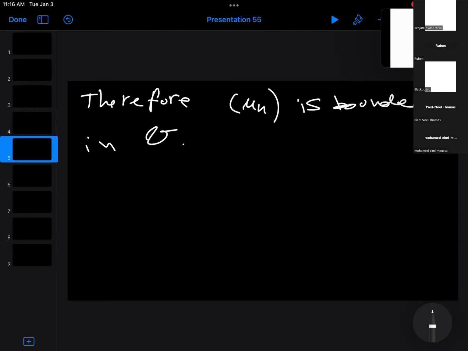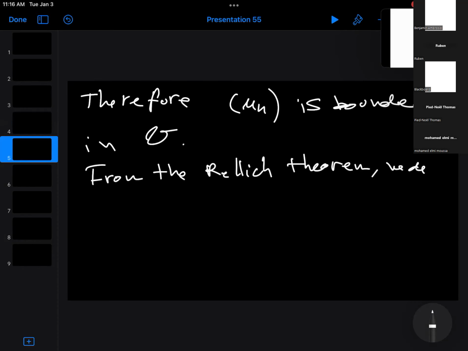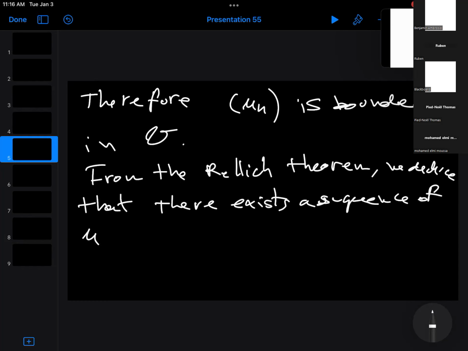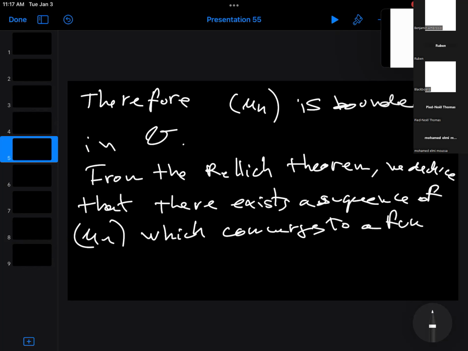So from the Rellich theorem, we deduce that there exists a subsequence of un which converges to a function phi1 in L2.